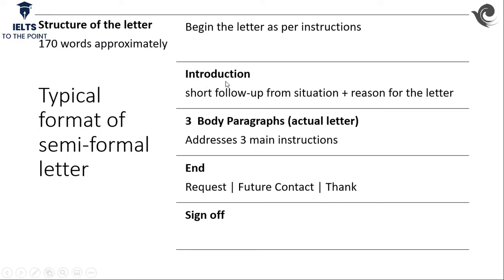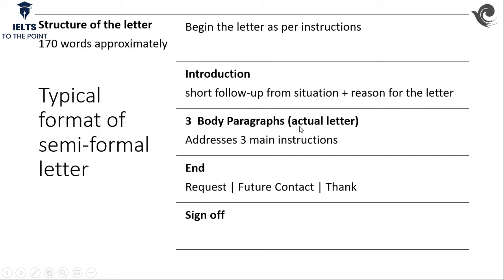Now, let's look at the typical structure of a semi-formal letter. You must begin the letter as per the instruction. In the introduction, you will always have a short follow-up based on the situation. The situation is the first sentence that you will read on your task 1, and that explains the circumstances under which you are writing the letter.